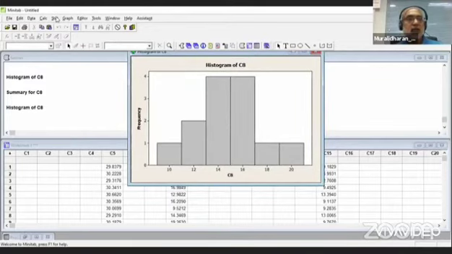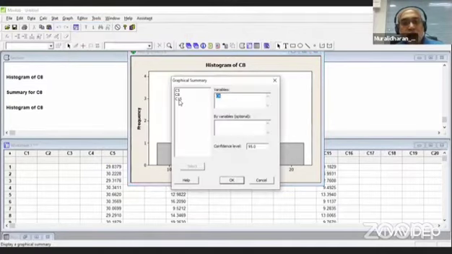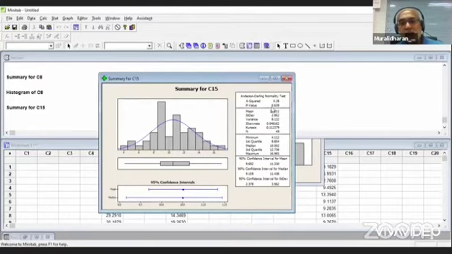If you want to execute along with the descriptive statistics, it is better. Sorry, basic statistics, graphical summary. I select C15, then okay. You can see here the p-value is 0.639. It is accepted. If you want to try whether each sample is exponential, that also we can see.